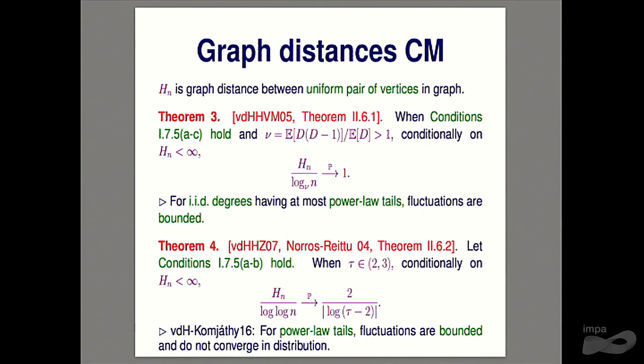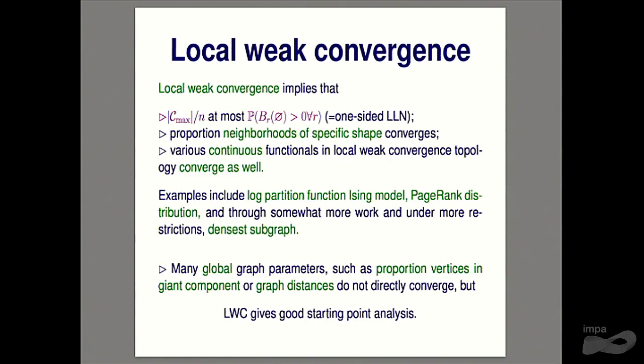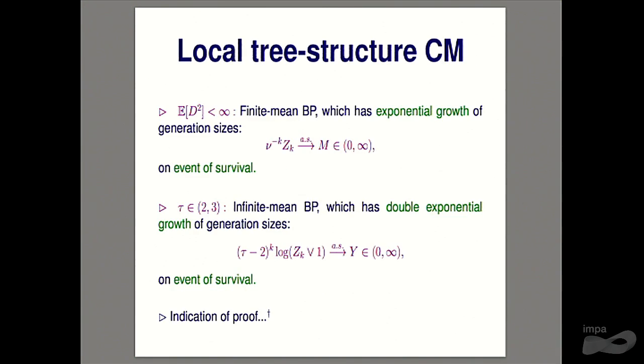Now, the proof changes considerably in the case where tau is in between 2 and 3. Because of the size biasing, if tau is in between 2 and 3, this random variable will have a finite mean, but the size-biased distribution will not. So here we're talking about an infinite mean branching process. And if you assume that your degree distribution has a nice power-law tail, then there are some results.